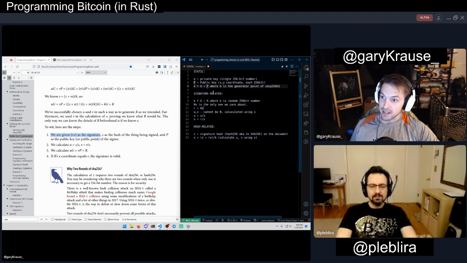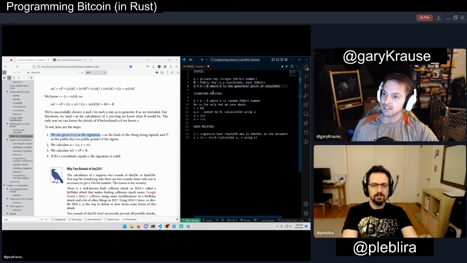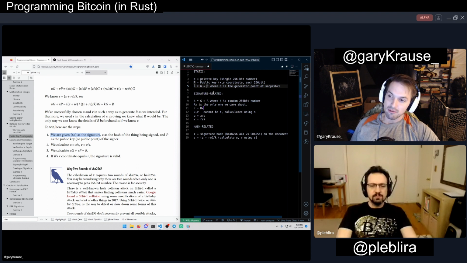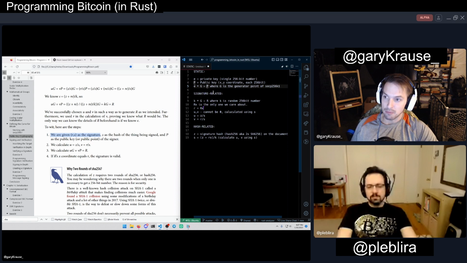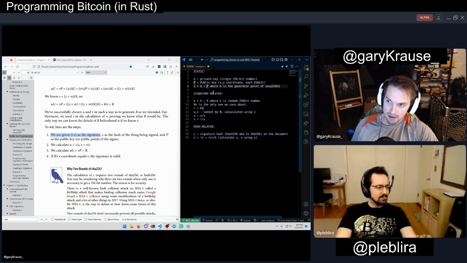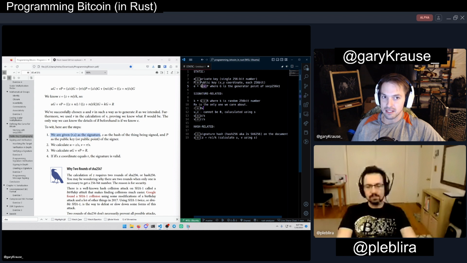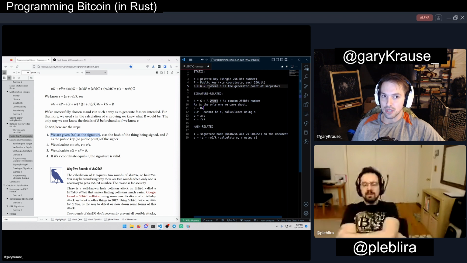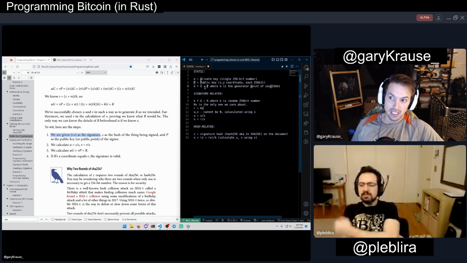I'm overthinking it in the sense that I'm thinking of public key as addresses generated from the public key, but in fact when you have a private key, there's only one public key that matches that private key. That's part of the asymmetric cryptography thing, right? There's one private key, there's one public key. Now all of the addresses are derived from the public key. So this calculation makes sense to me, because you're only going to have one P for each e.